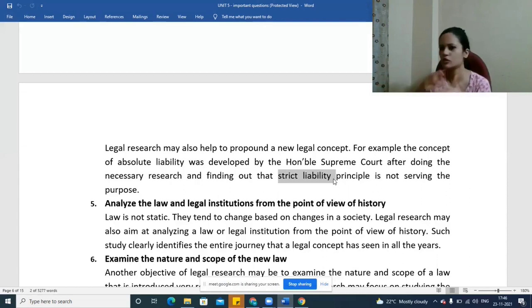The neighbor also had a mines business, so it caused him heavy loss. The neighbor filed a case against him that because water escaped from your premises and caused loss to me, you are strictly liable. Whether you were negligent or not does not matter. So the court said, yes, you need to pay compensation because you are strictly liable.